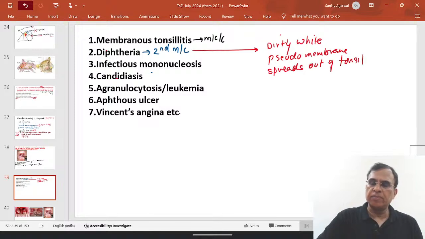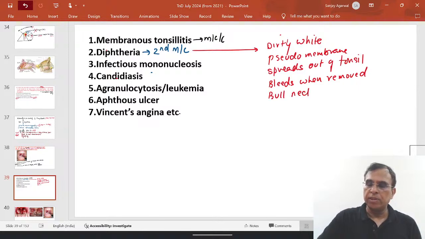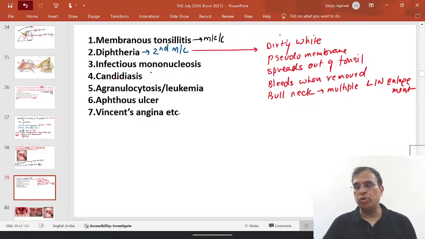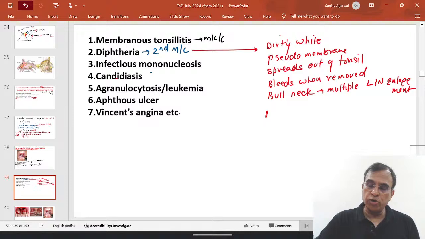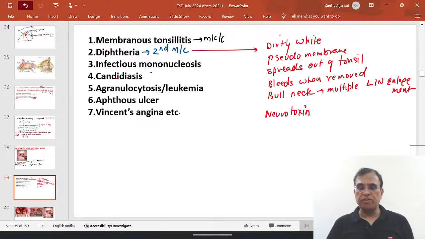As you can see in this, it is spreading outside of the tonsil, bleeds when removed, causes bull neck. The neck becomes thick due to multiple lymph node enlargement. Multiple lymph node enlargement causes bull neck and produces neurotoxin. So these are the features of the membrane of diphtheria.